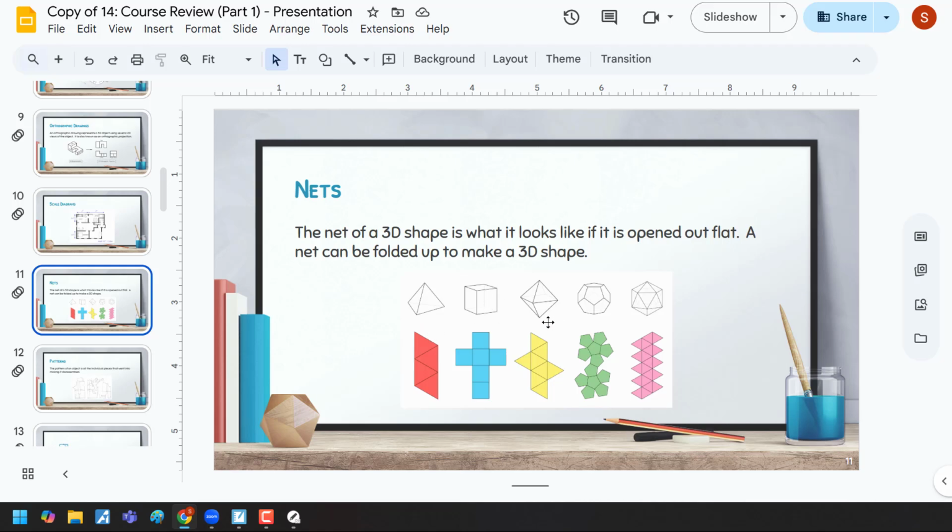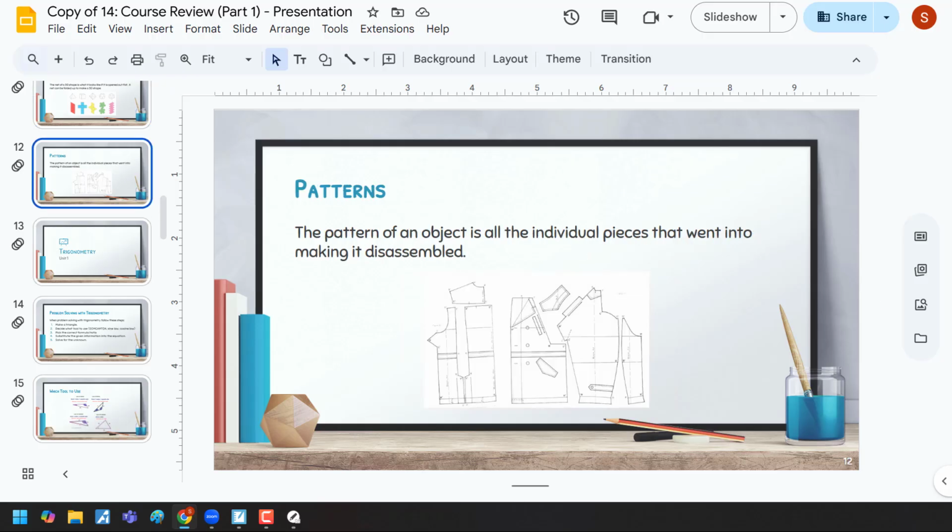But you can make a nice little triangle. You can make something like this, something like that, something like this. Very easy. Then we've got the pattern of the objects, all the individual pieces that went into making it, disassembled. It's a pattern.